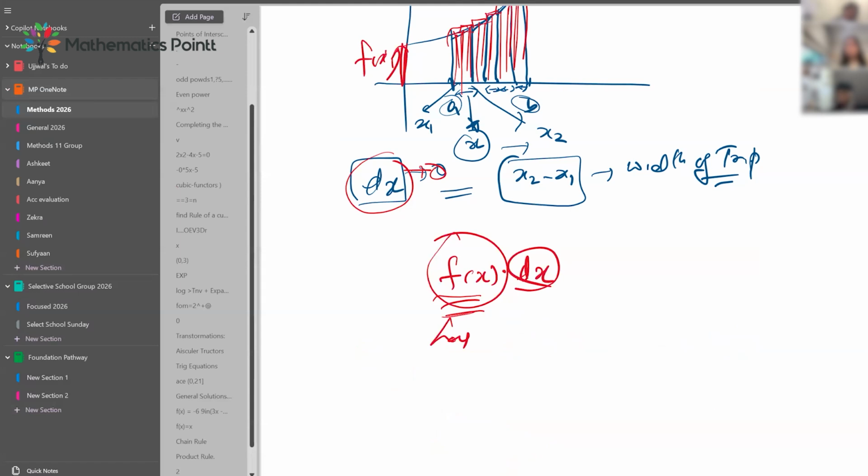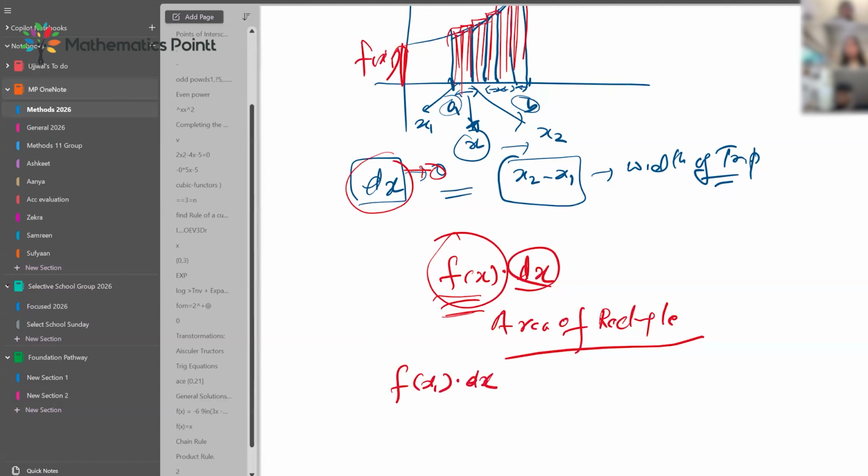That is nothing but the area of a rectangle. Yes or no? Simple. So should I say f of x1 times dx? x1 is my starting point.